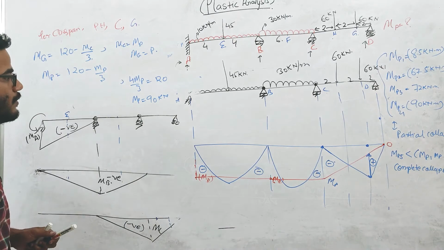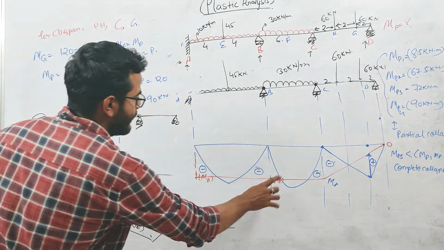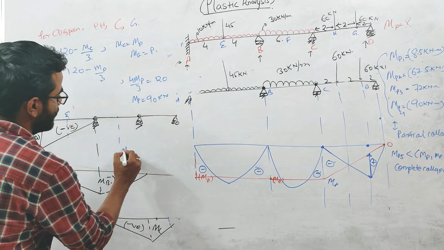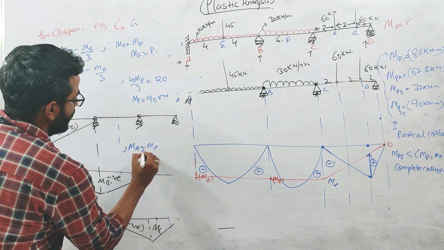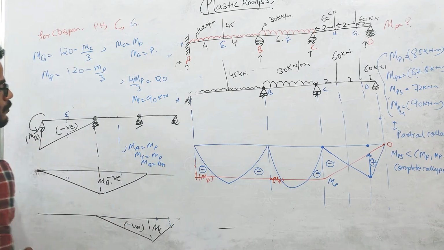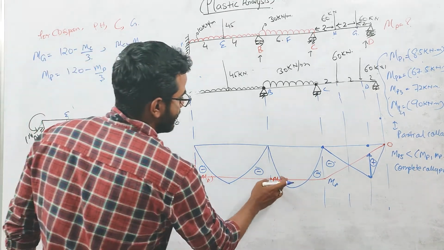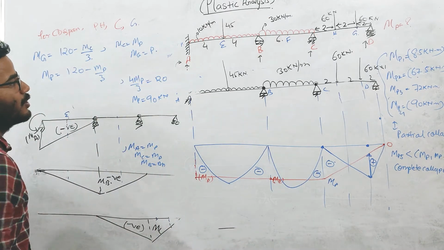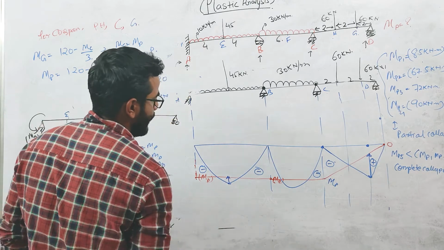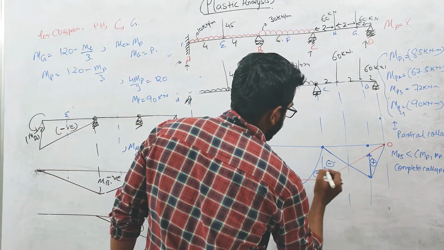So this red bending moment diagram, I'm assuming that MA equals MP, MC equals MP, and MB equals MP. You will get this red line, and after that you overlap due to loading.